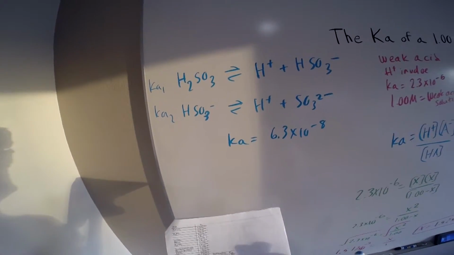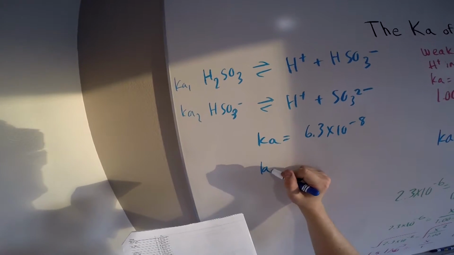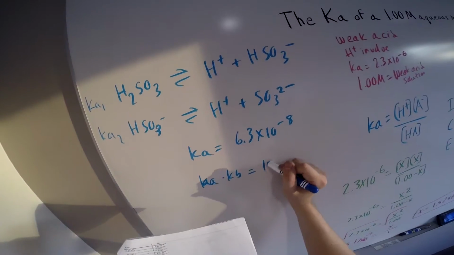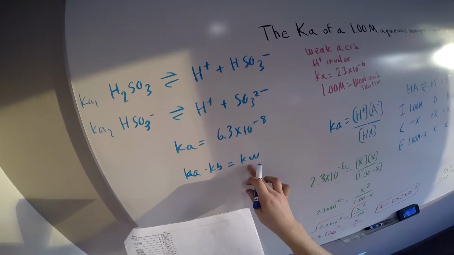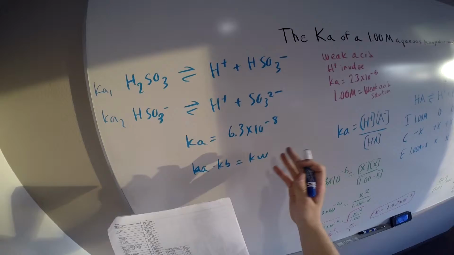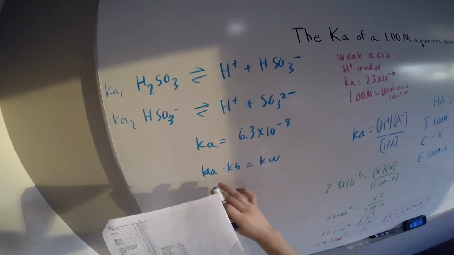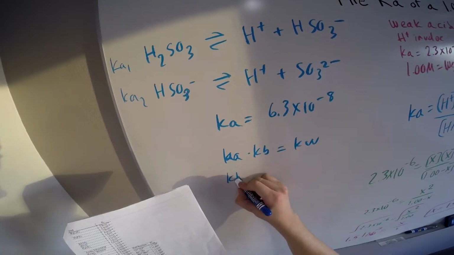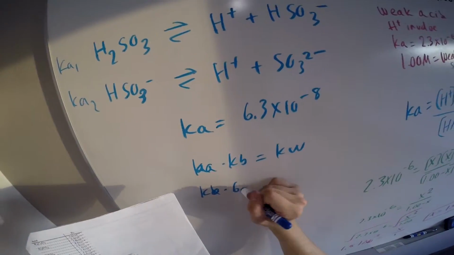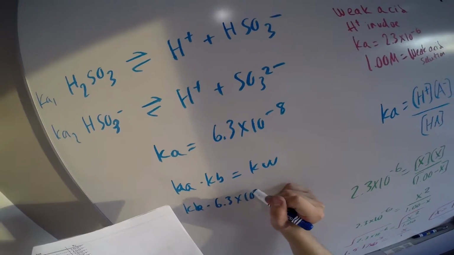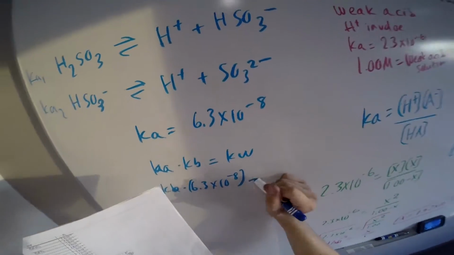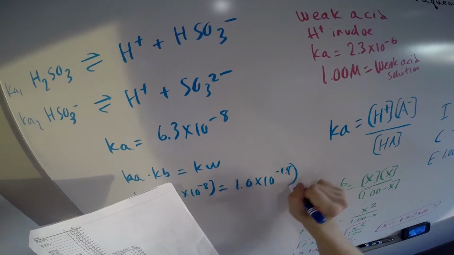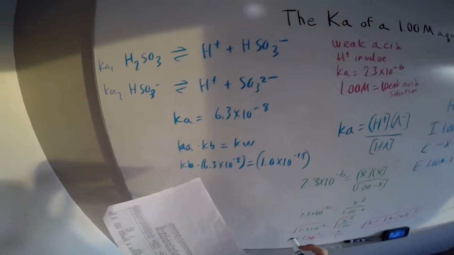But how do we get Kb? Ka times Kb is equal to Kw. Okay, this is the Kw for water, and we can basically use this relationship in order to solve. So we're going to do Kb times 6.3 times 10 to the negative 8 is equal to 1.0 times 10 to the negative 14, because that's the Kw for water.